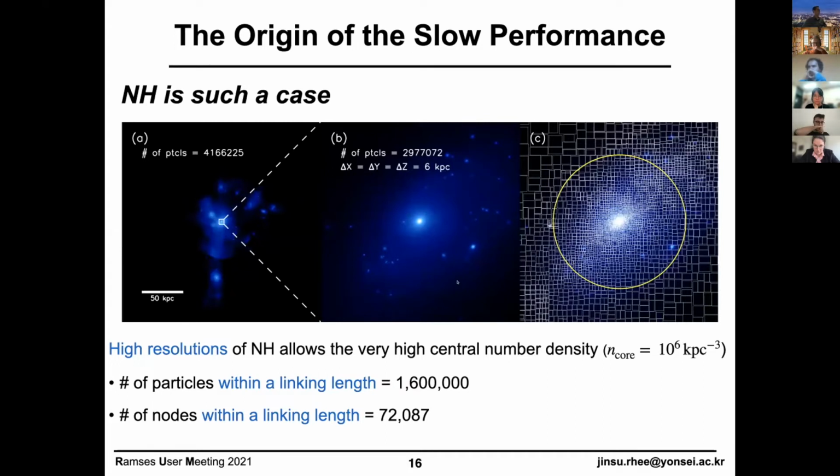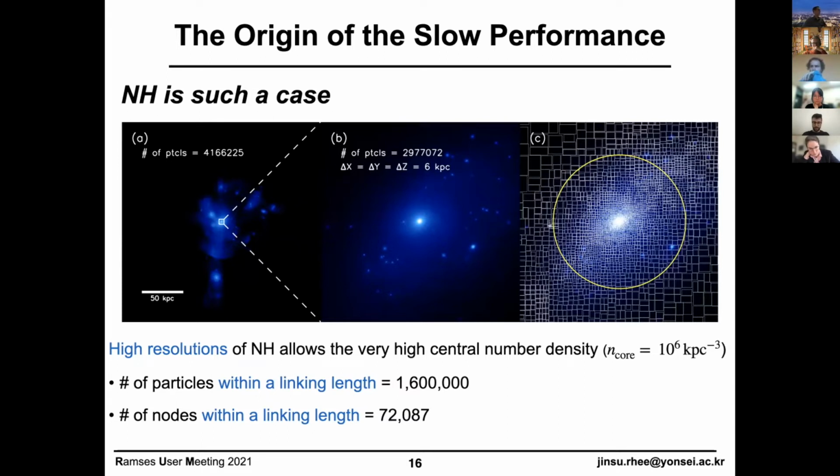These three panels show the most massive 3D FOF group in the New Horizon simulation at the snapshot of redshift 2.46, in which the group has 4 million stellar particles. At the central region, with box length of 6 kiloparsec, there are 3 million particles, which is 70% of the total particles.